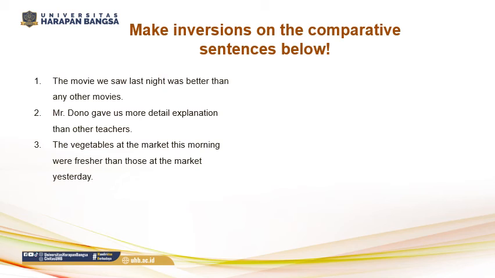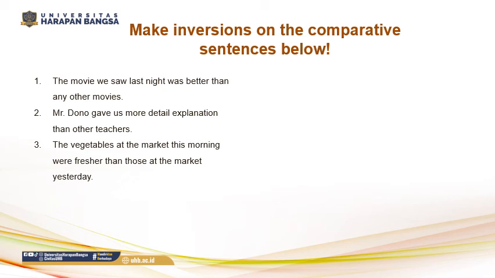Last one, number 3. The vegetables at the market this morning were fresher than those at the market yesterday. Kita cari verbnya, apakah pakai to be atau verb? Yes, pakai to be ya. To be-nya adalah were. Maka bagian inversinya juga harus menggunakan to be.